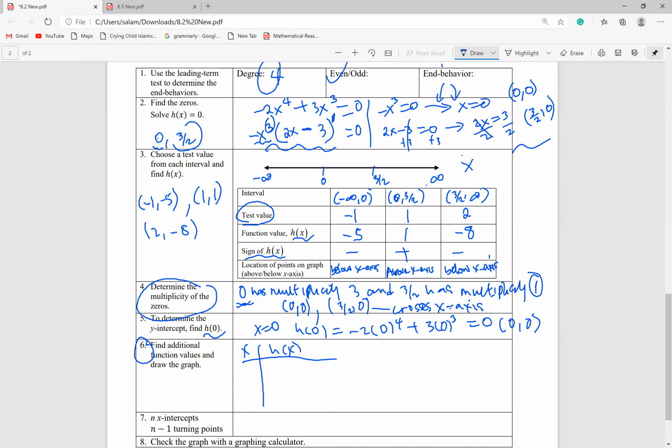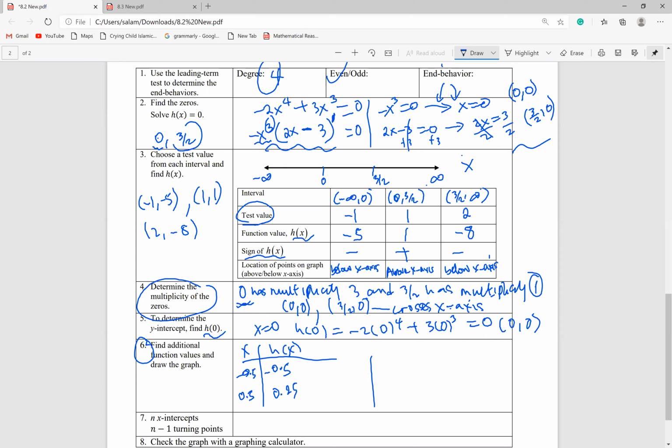Like I said, you don't have to find all this, but if you want to, I have x equal to negative 0.5, which is negative 1/2, and when you plug that in, you're going to get h of x to be negative. Then when x is 0.5, I got h of x equal to 0.25. And you can get more points. You can even use a calculator to get more points.